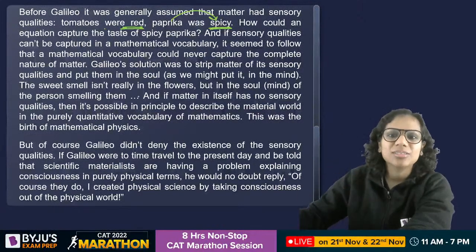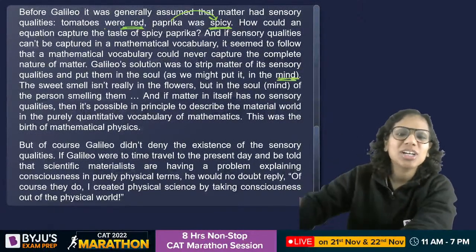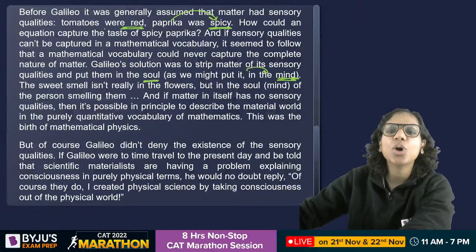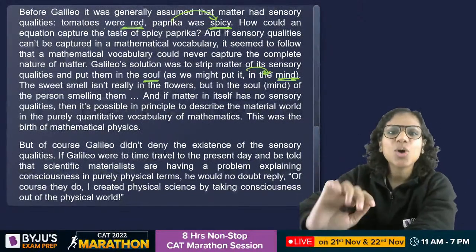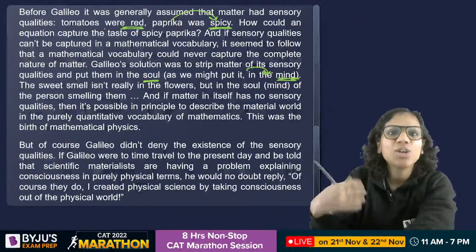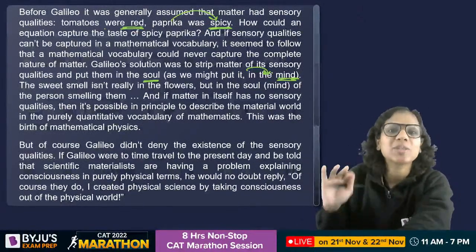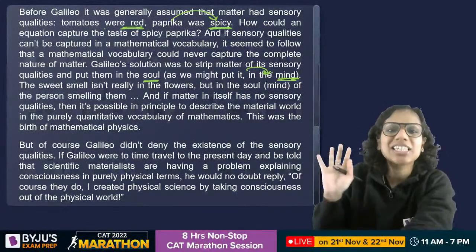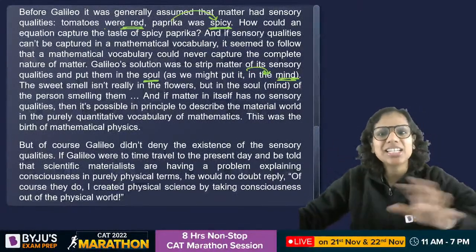Our brain, now we call it the mind. I mean, earlier Galileo called it the soul. We can call it the mind. So our mind has that sensory quality that it perceives paprika to be spicy, right? Paprika is not spicy in itself. That's something that Galileo said.